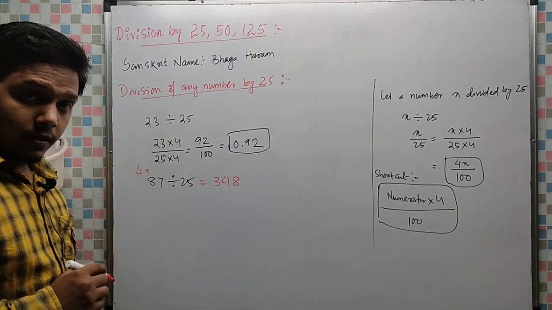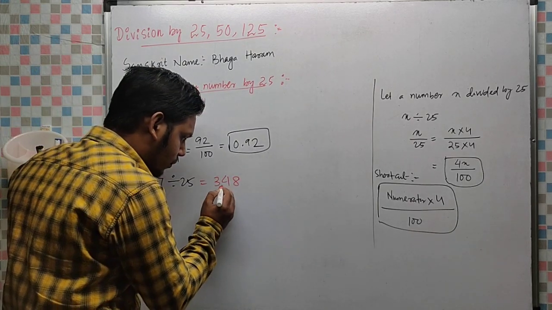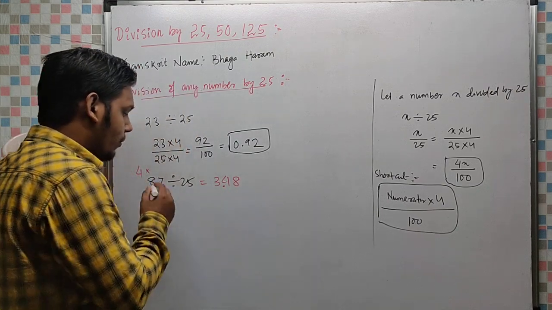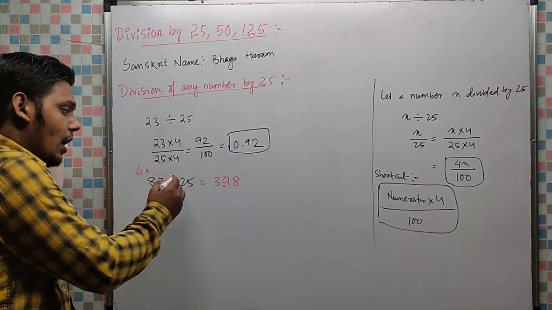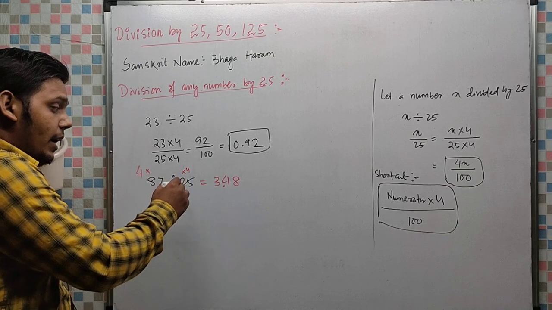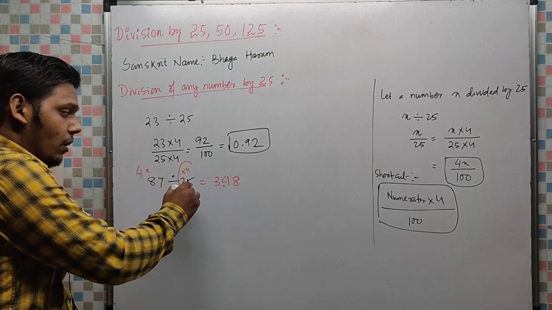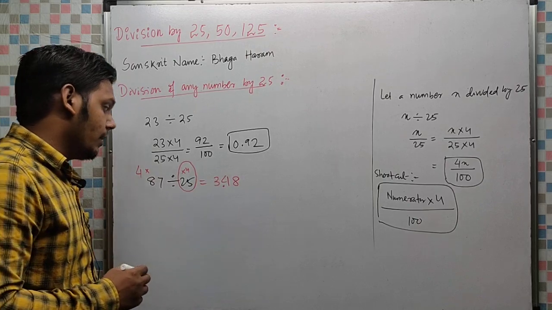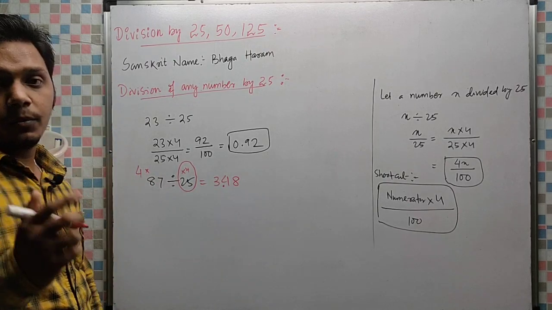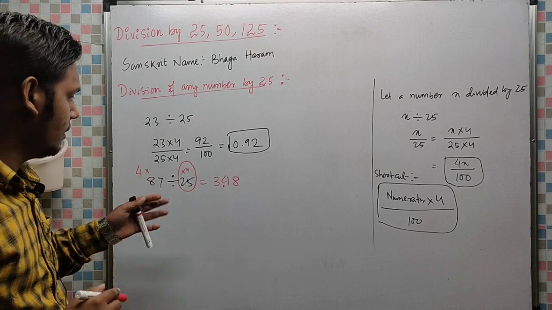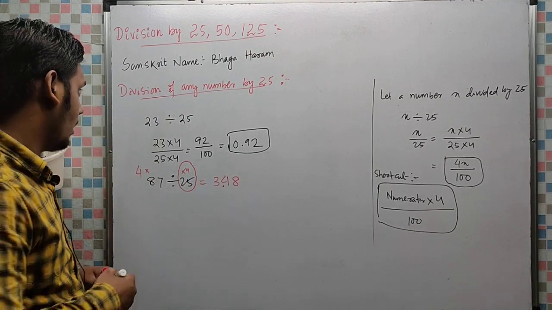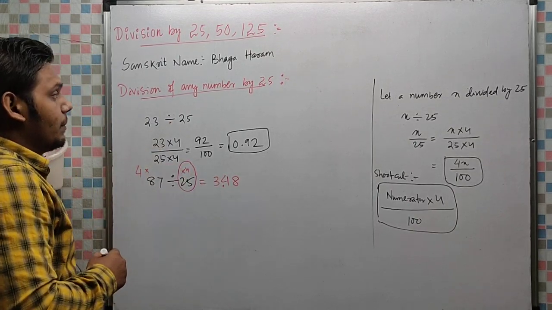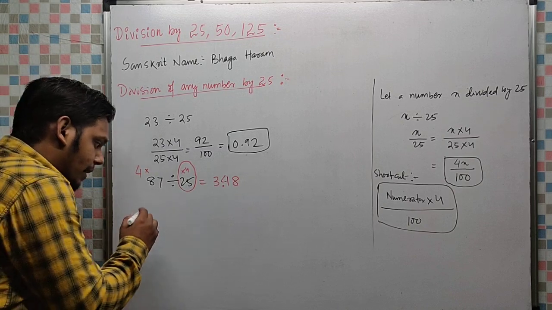Where I have to keep the decimal point, 2 digits I have to count, because I know that whenever I am multiplying 4 with this, I have to multiply 4 with this, and the denominator or divisor will turn to 100, and whenever it is 100, then 2 digits we have to keep after decimal. So this is the rule, the method of division by 25.